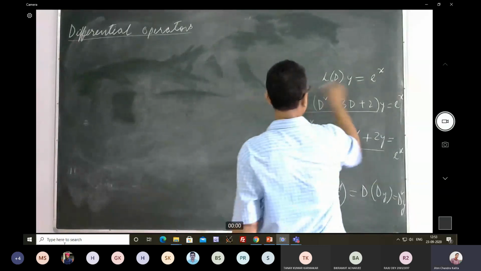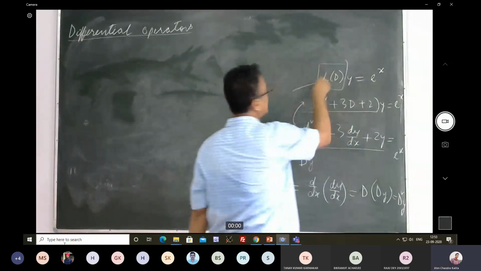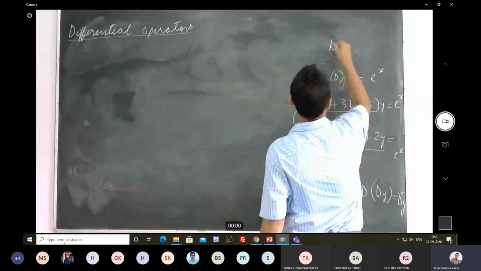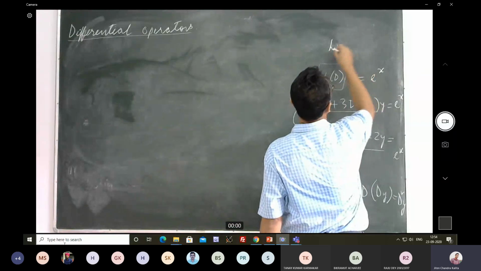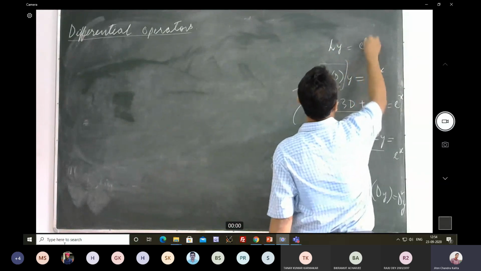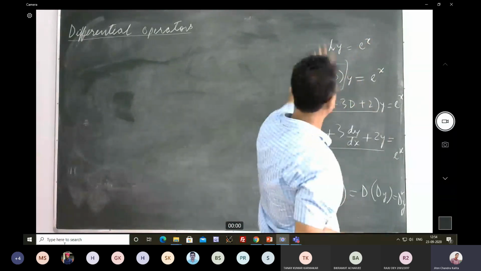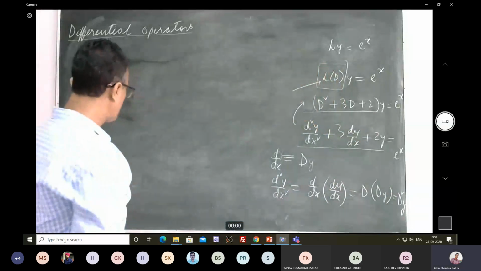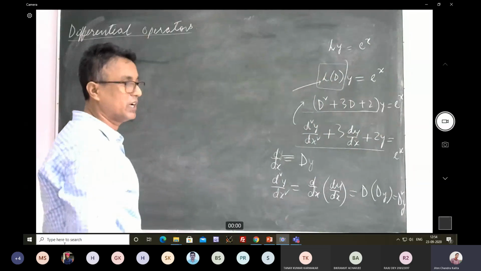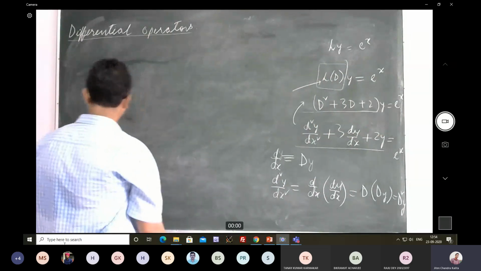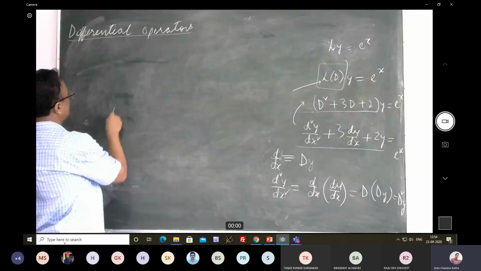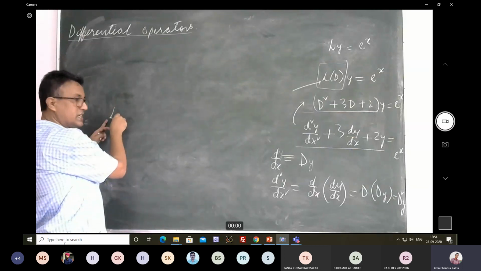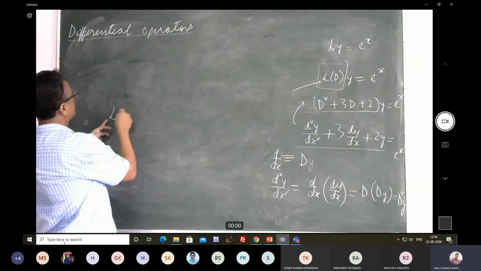Now any operator like this, in short, you can also write as Ly equal to e to the power x, where this L has been defined in this way. L(D) is this. Okay, fine. So now from linear algebra, you know that an operator of the type L is going to be called a linear operator if you have something like this.